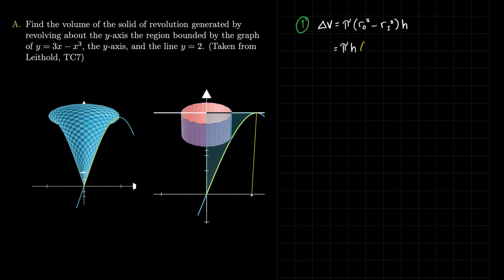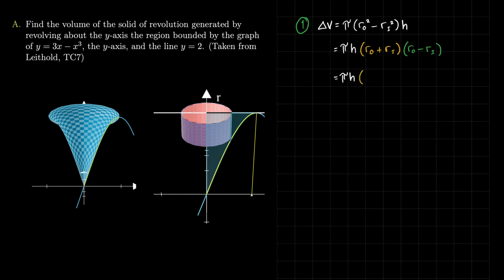We factor yung outer r squared minus inner r squared and rewrite the result, knowing inner plus outer radii equals twice the middle radius, and outer minus inner will be written as delta r. Rearranging the factors, pwede nating isulat si delta V as 2 pi rh times delta r.